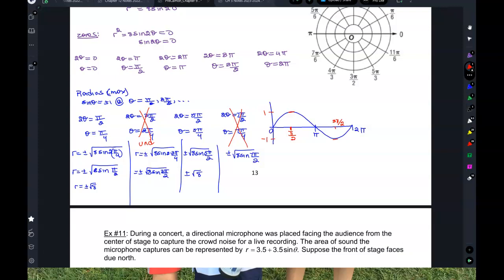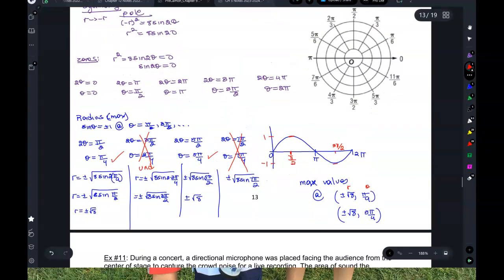So what have we found? The maximum values are at plus or minus root 8, pi over 4, plus or minus root 8, 5 pi over 4. Okay? At this point and at this point. So remember, this is r and theta. So when I come to graph this now, at pi over 4, I have a root 8.